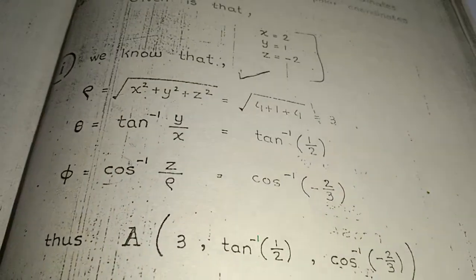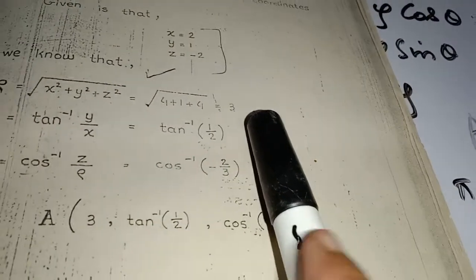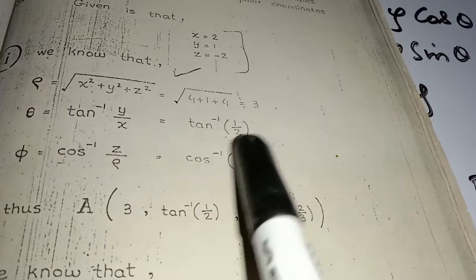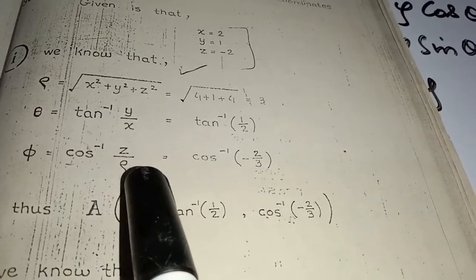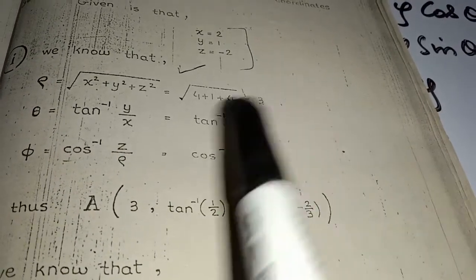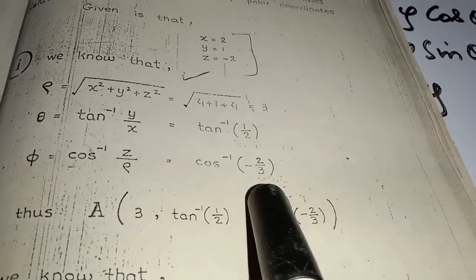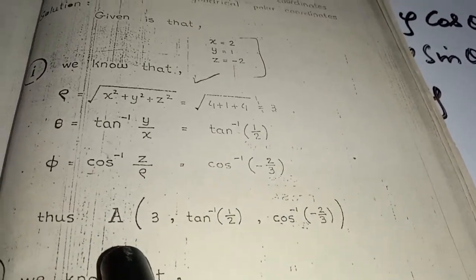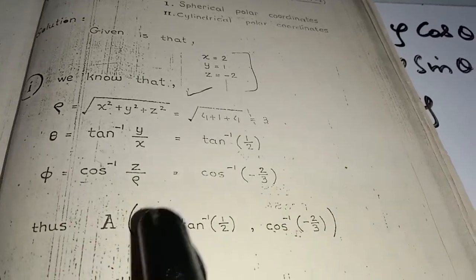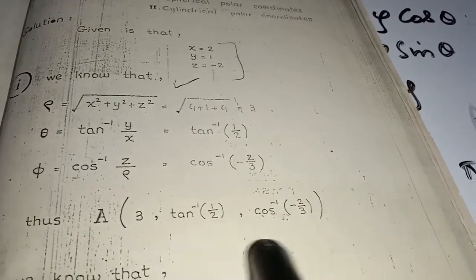So cos inverse of minus 2 by 3. Here we have calculated rho, which is equal to 3. We have substituted the value of rho from this equation to this equation. So rho is equal to 3. So spherical polar coordinates are these.